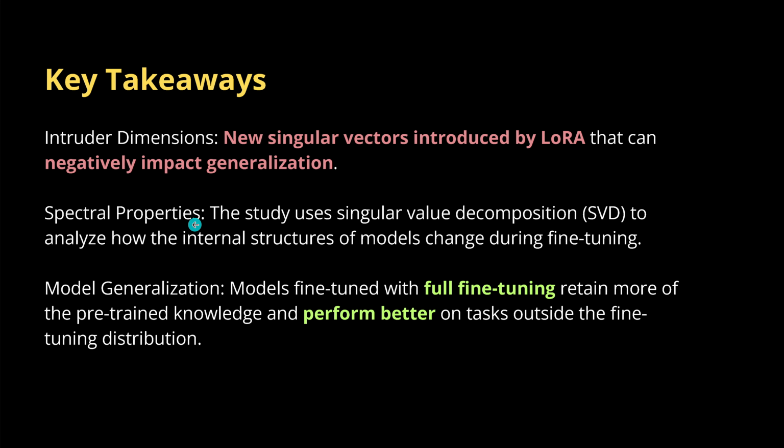The spectral properties of our matrix and tensor structure change. We have seen this with F3D. Plus, models fine-tuned with the full fine-tuning retain more of the pre-trained knowledge and perform better on tasks outside of the fine-tuning distribution datasets. Great. This is it. This was here the brand new insight from MIT.